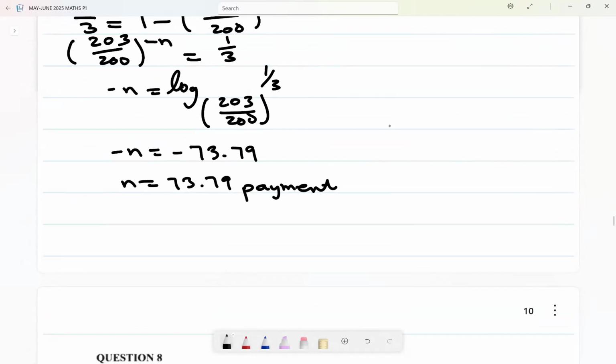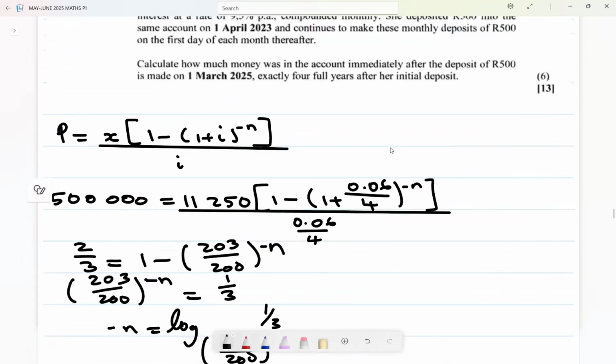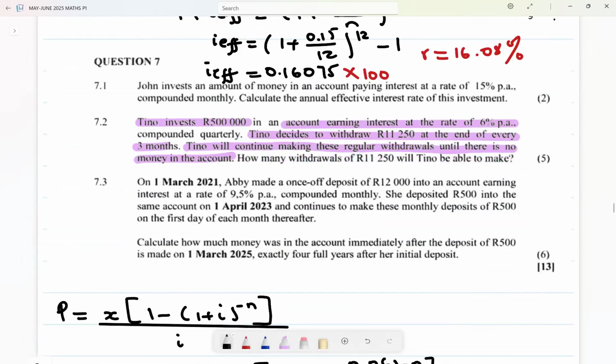These are the payments, the withdrawals. He's going to make this many withdrawals. But the question specifically asks us, how many withdrawals of exactly 11,250 will Tino be able to make?